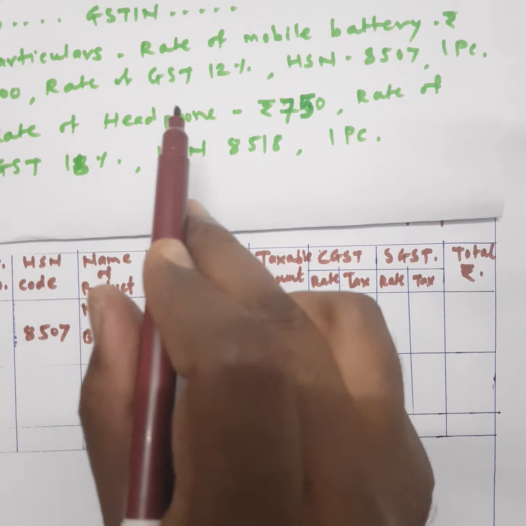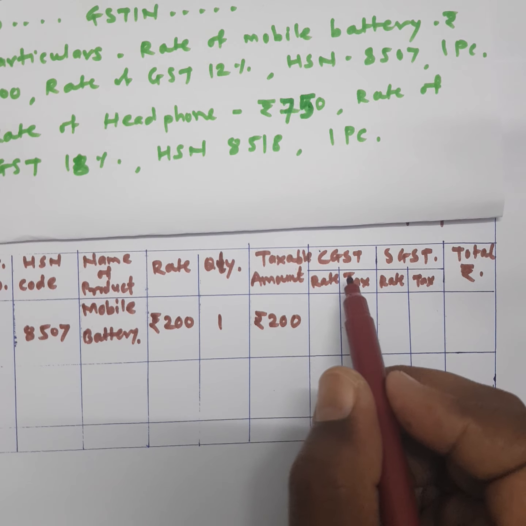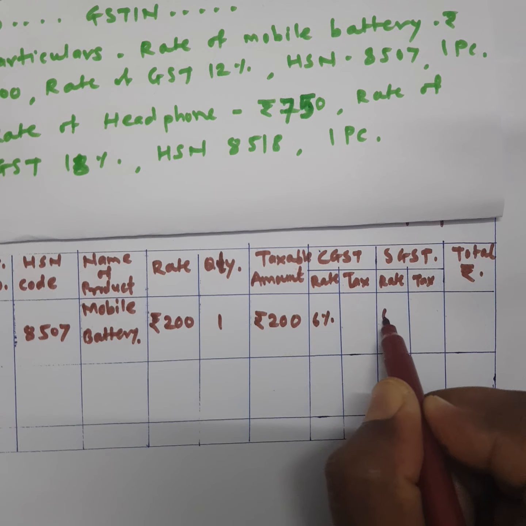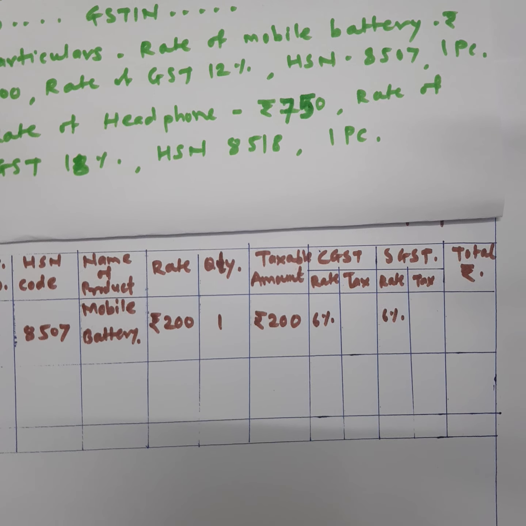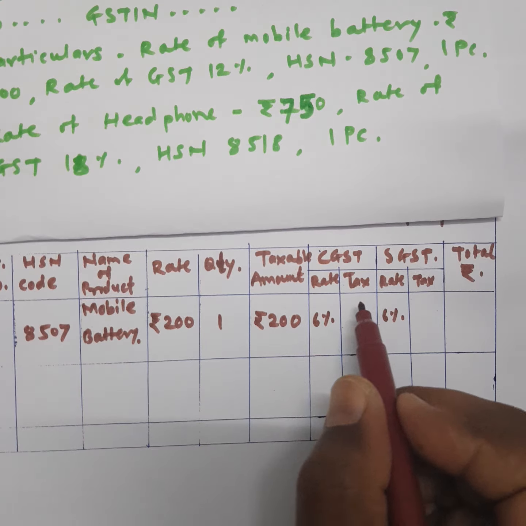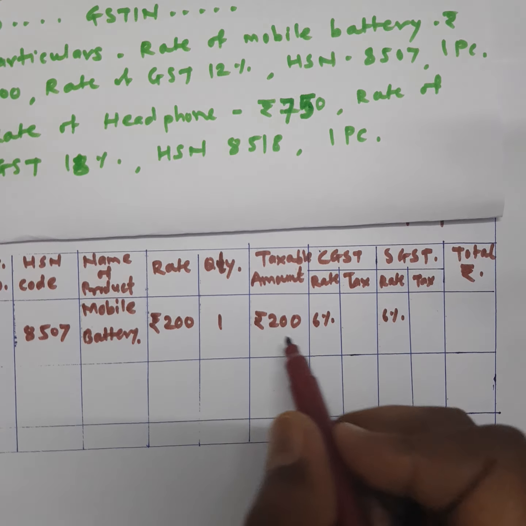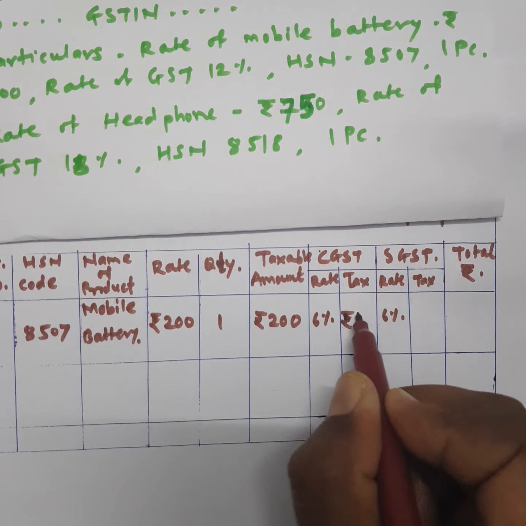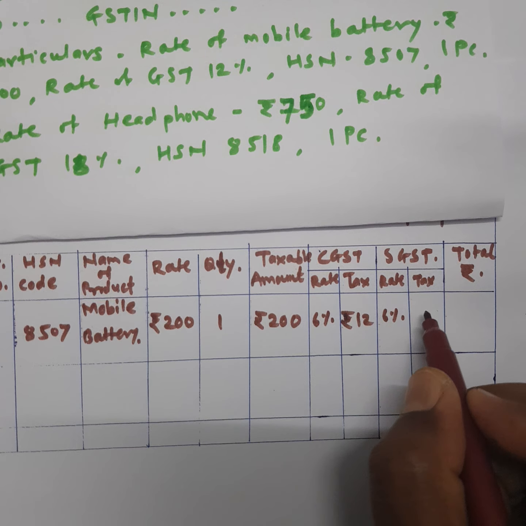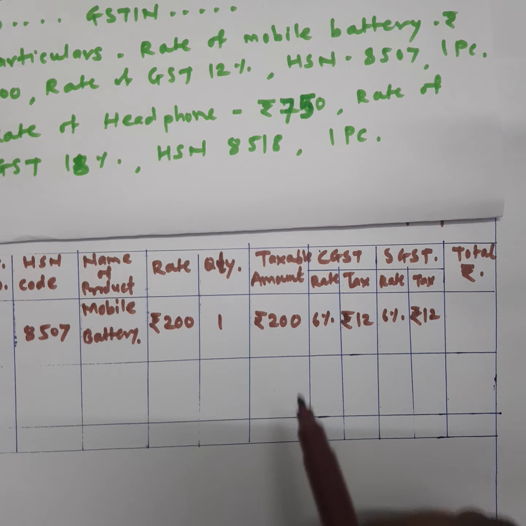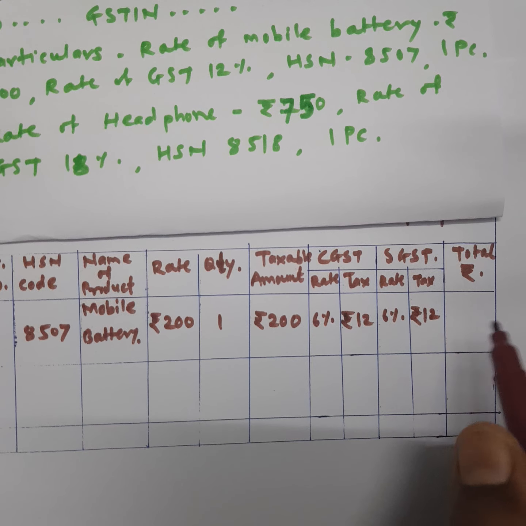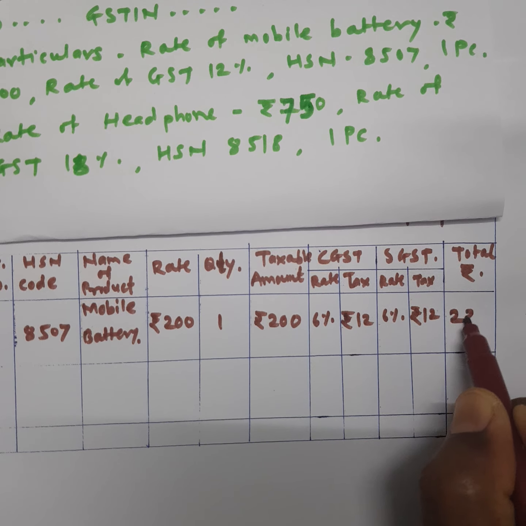Rate of GST is 12%, therefore rate of CGST is 6% and rate of SGST is 6%. The amount of CGST will be 6 into 2, rupees 12, and the amount of SGST is also rupees 12. Therefore total amount will be 200 plus 12 plus 12, that is 224 rupees.